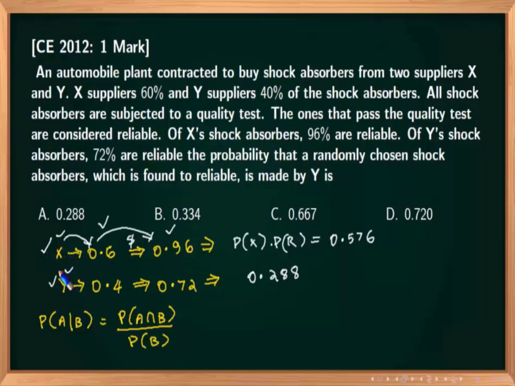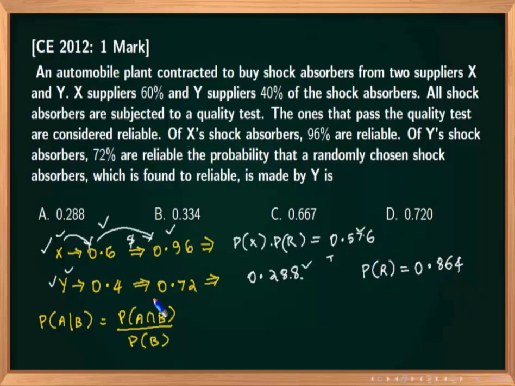So the total probability of finding a reliable shock absorber will be the sum of these two things. I have to just add these two things, because either this thing or this thing. So I'll be getting a value of 0.864. So this is the probability of finding a reliable shock absorber in this particular plant.